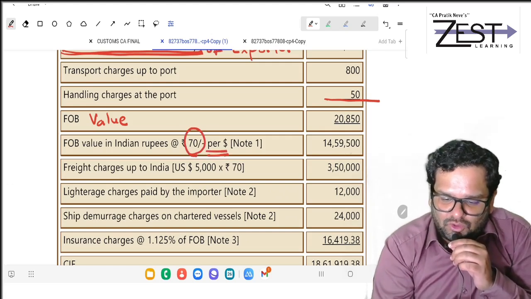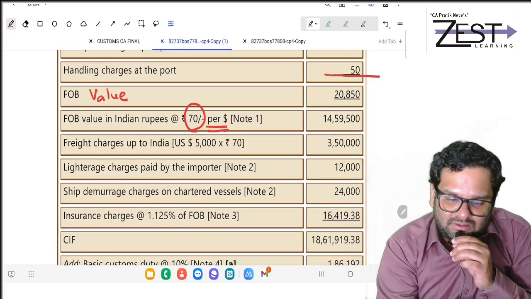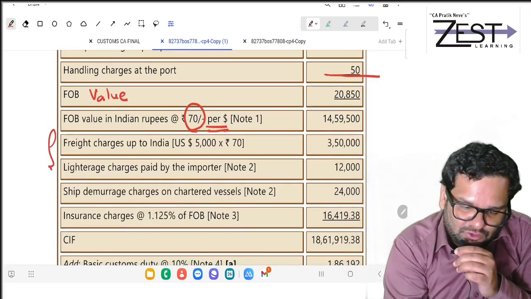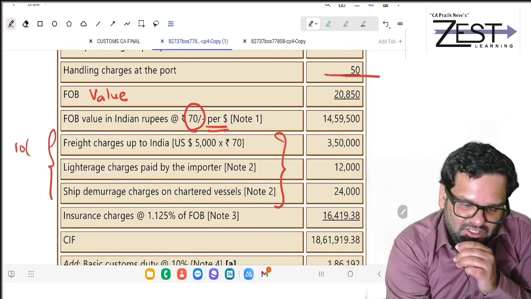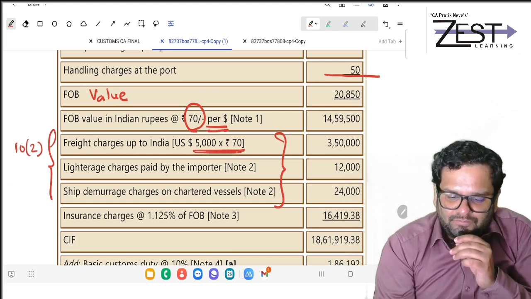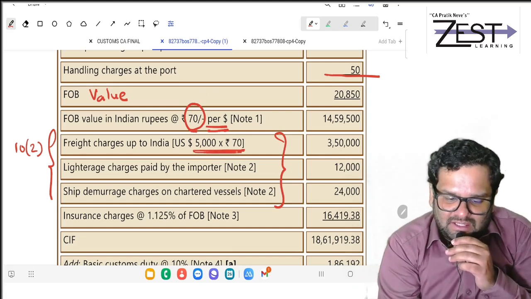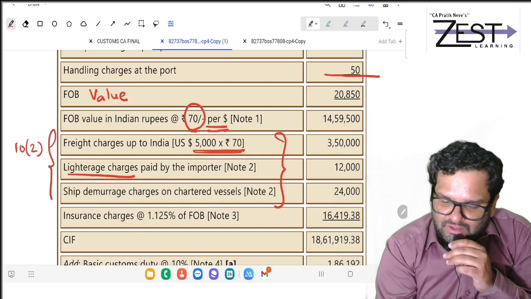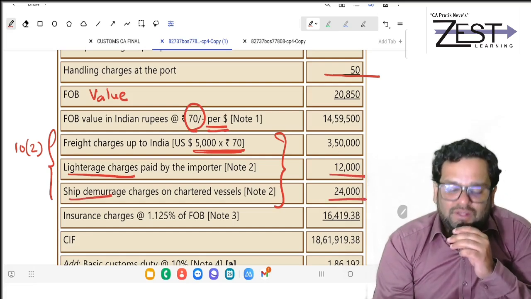Convert by taking 70 rupees per dollar. You will get 14,59,500. Then this is transport as per 10.2. As we discussed, actual transport, which is 5,000 into 70, given, and then lighterage charges 12,000 given, ship demurrage 24,000 given.